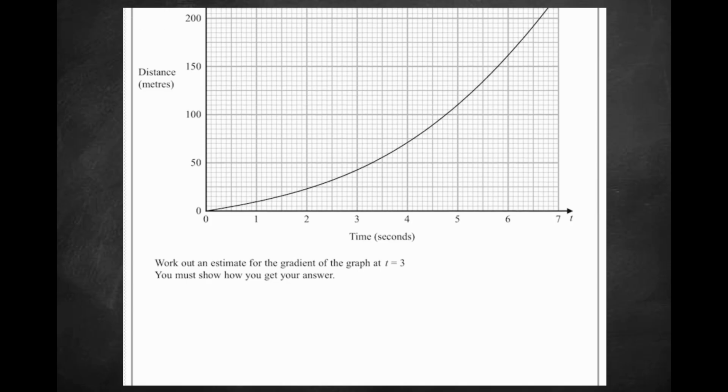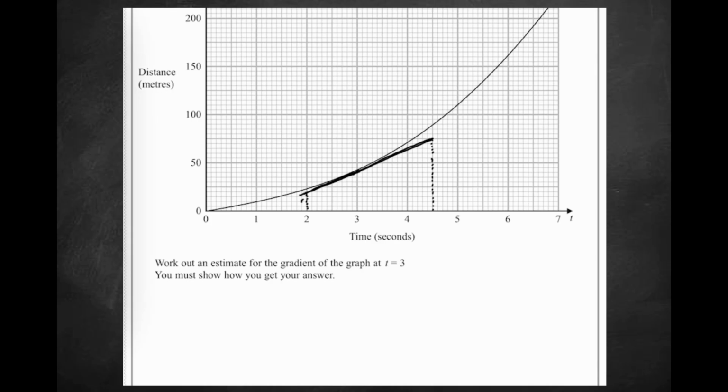At the point t equals 3, just here, you want to draw a straight line tangent to the graph. It needs to actually be touching the graph, unlike that line I've just drawn. Something like that. And draw it long enough so that you can get to a point that you can read off of the graph like this. So I'm going to stop here and here.